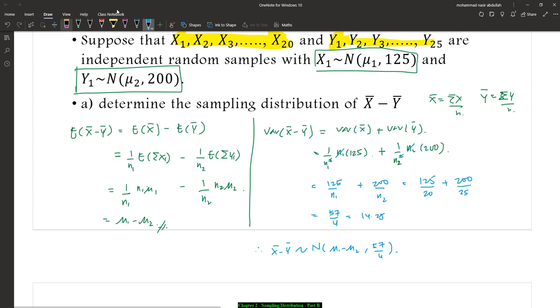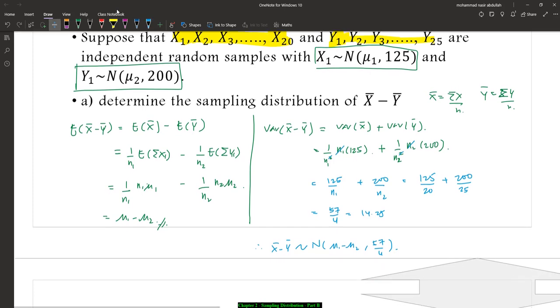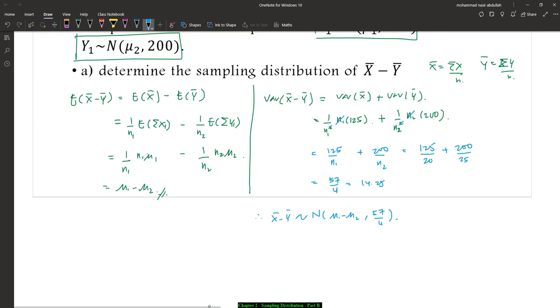This is one way. We can also solve it by using a moment generating function. If you want to solve it using the moment generating function, it's the same thing.